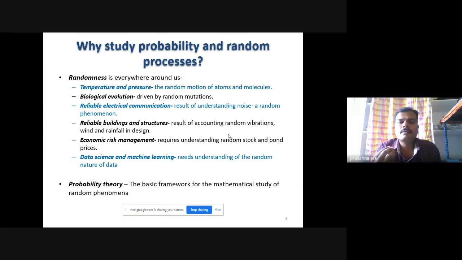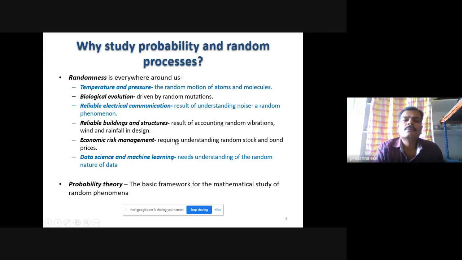Somebody says the pandemic will end by December 2020. So what is the likelihood of the pandemic ending by December 2020? That is a probability. We assign some number to understand the likelihood. This is the basic framework. So we assign probability to particular events, and then we move on to random variables, and then we move on to random processes. This is the basic motivation.